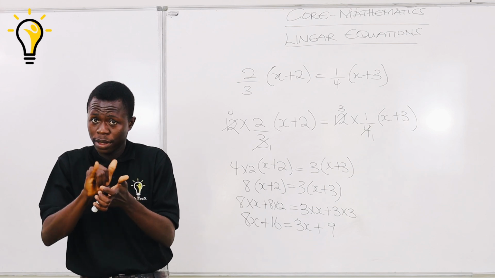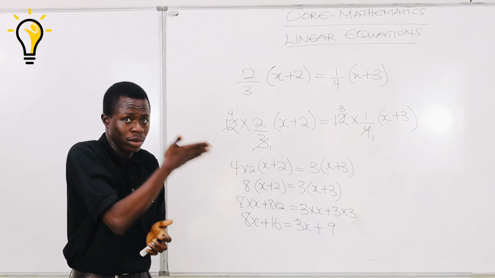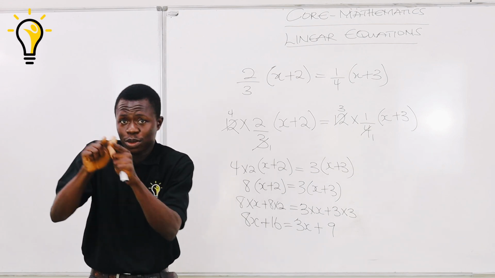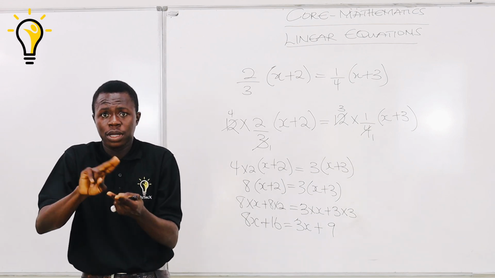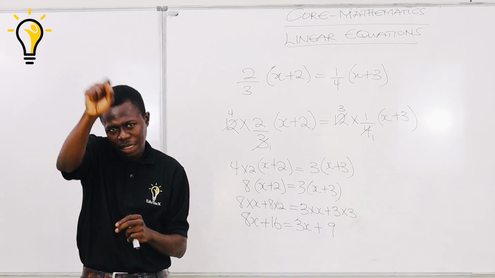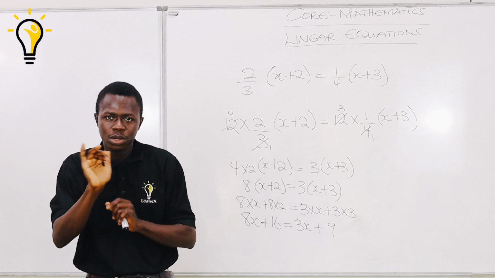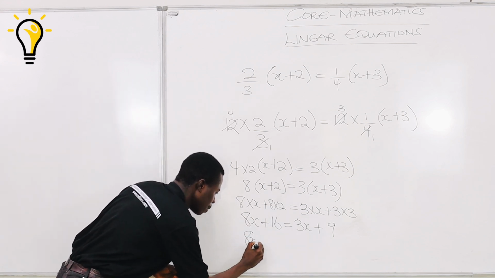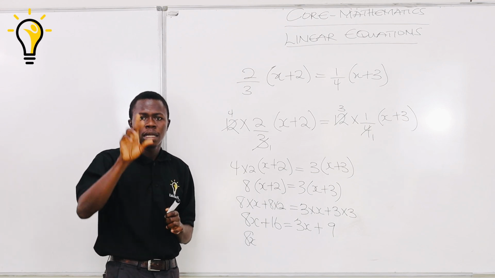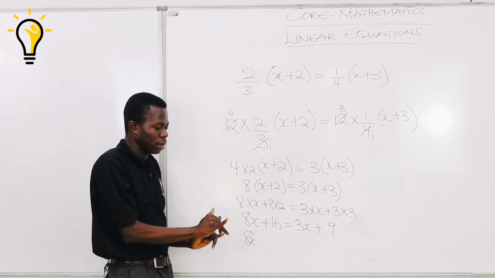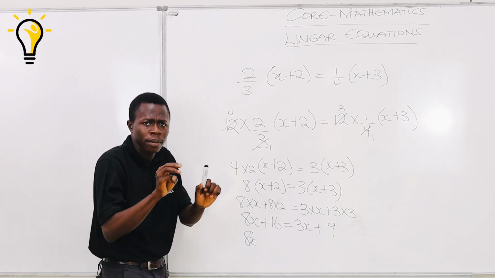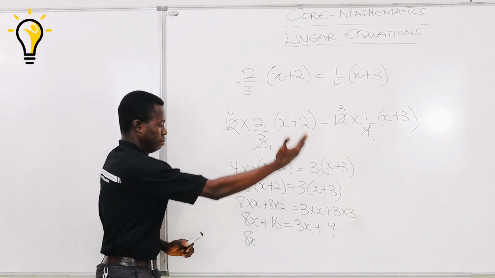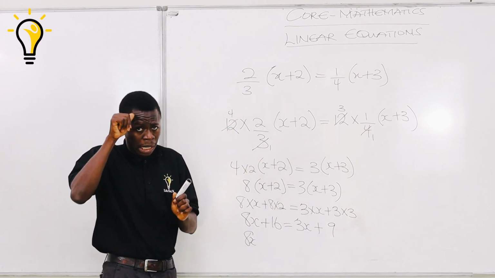So remember, with the expression that we have, we group like terms just like discussed in the previous lesson. So let's do that as well. We have 8x staying, and then we move 3x from the other side to the left hand side.